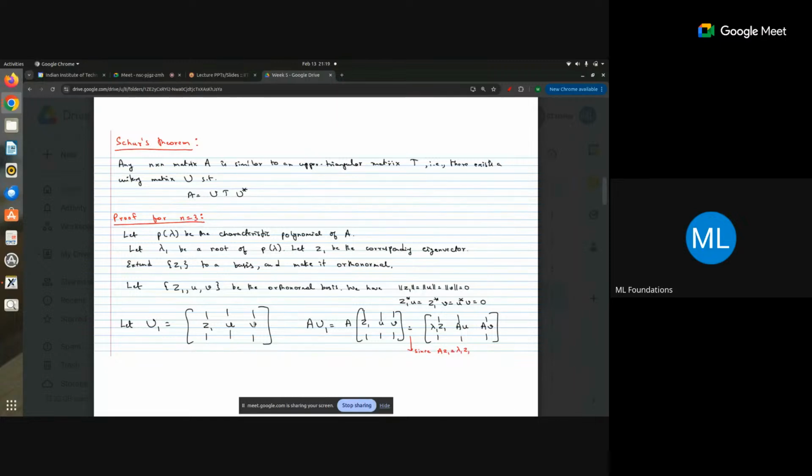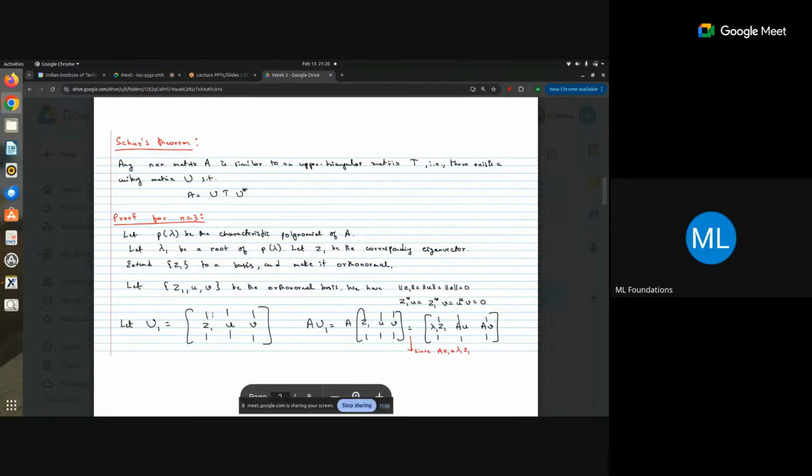So in diagonalization, what you did was take all the eigenvectors, correct? Here, are we taking all the eigenvectors? No. Let us say we are taking only one eigenvector, and we'll have to find its basis, which makes it orthogonal.